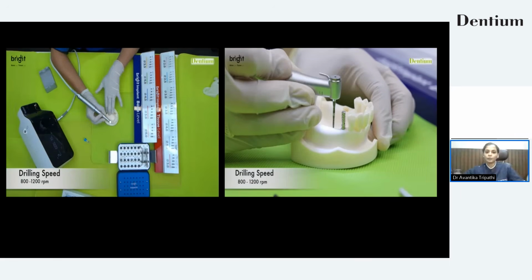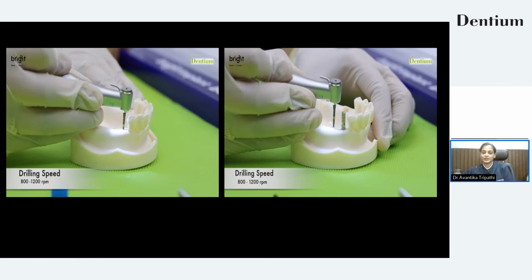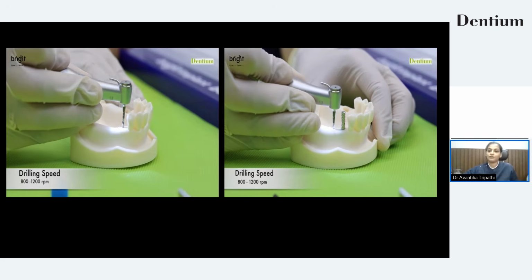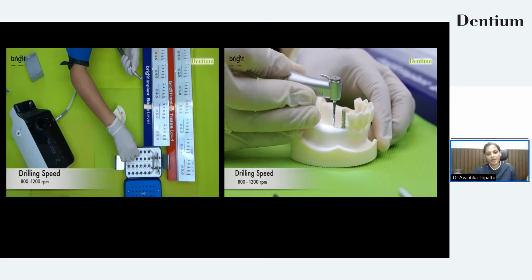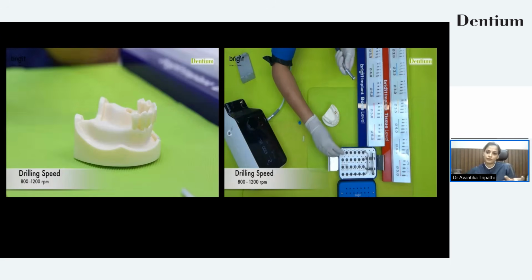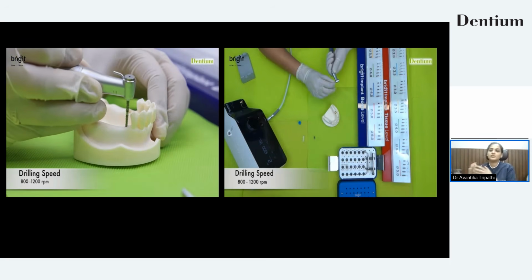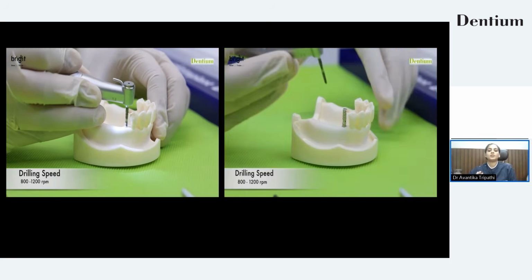If we talk about bone level and tissue level implants, the drilling protocol for both is the same. We do not have to prepare or do anything different for the placement of tissue level or bone level. The drilling kit as well as the drilling sequence will remain the same.